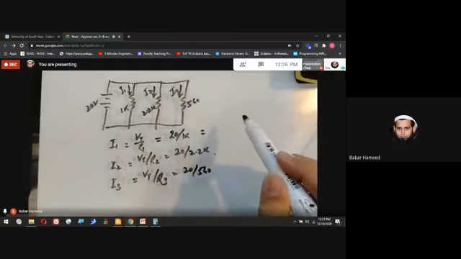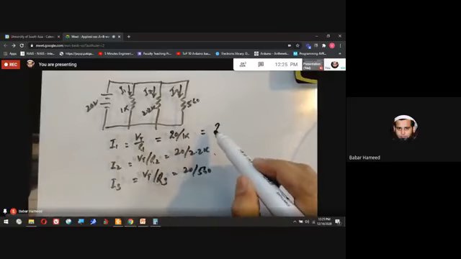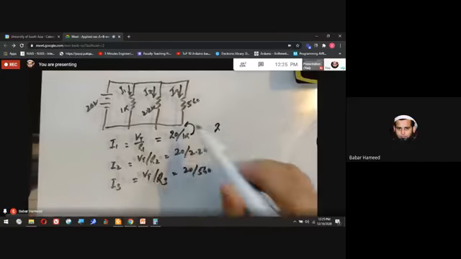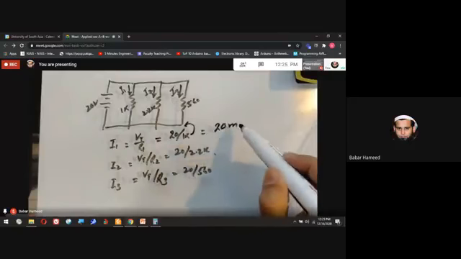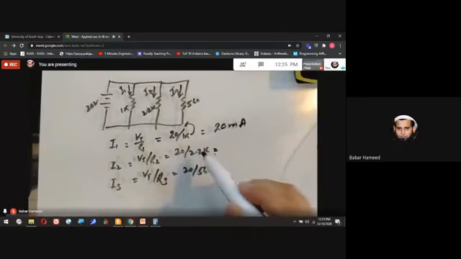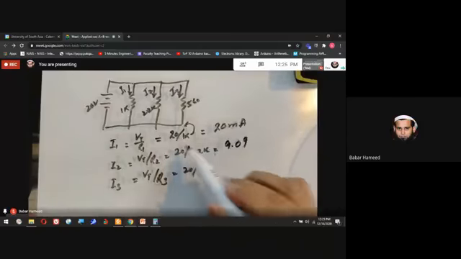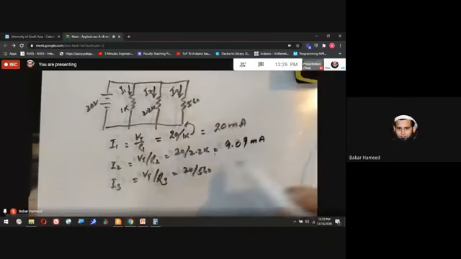20 over 1 kilo ohm means 20 divided by 1000, so it becomes milli: 20 milliampere. And 20 divided by 2.2 gives 9.09, and kilo is converted into milli.